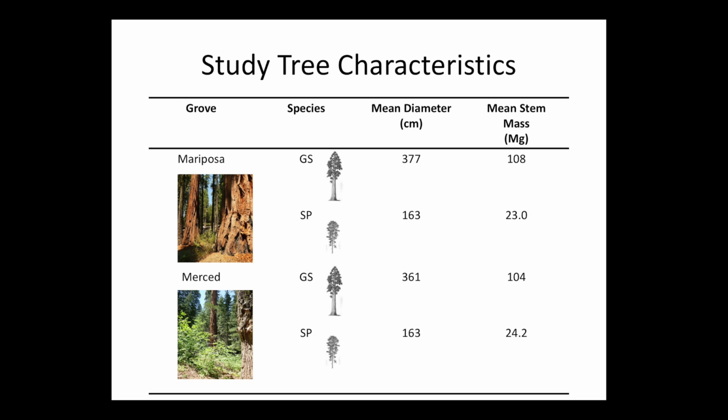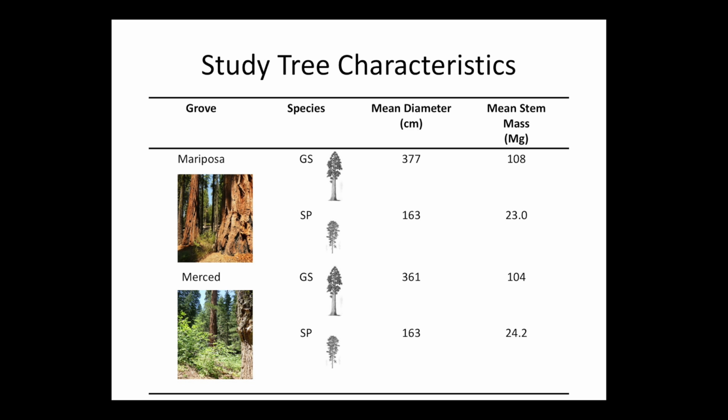Well, this table here shows you some of the study characteristics of our trees. First, you'll note that, as its name attests, giant sequoia are indeed giant. They're about twice the diameter of the sugar pine trees in each grove, but more importantly, they're way more massive.